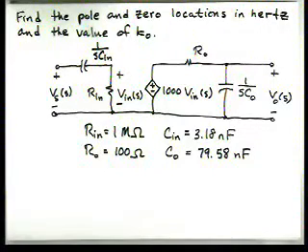In this problem, we're asked to find the pole and zero locations in hertz and the value of K0 for the circuit shown below.